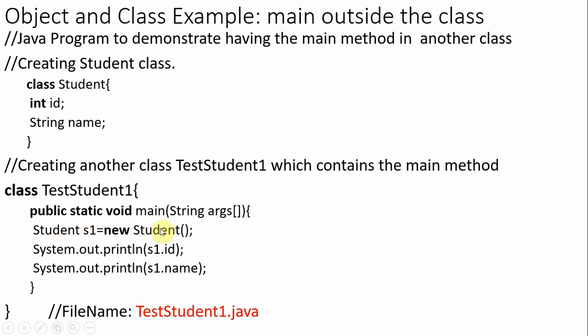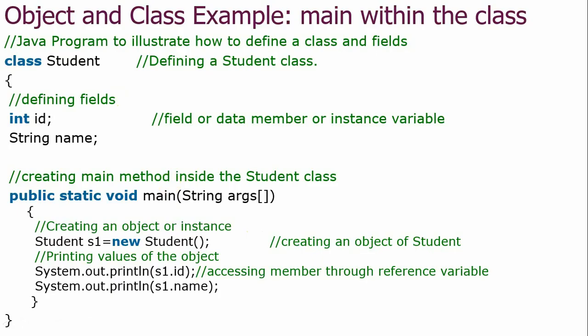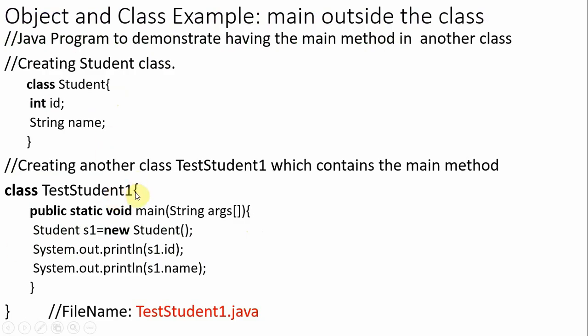Student s1 = new Student, System s1.id, s1.name. What is the difference from the previous one? Before, we defined one class and the main method in it, but here we define two classes. In one class we define instance variables, and in the other class, TestStudent1, we can define the main method.